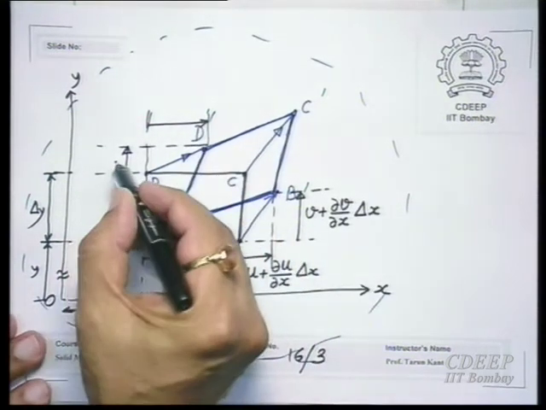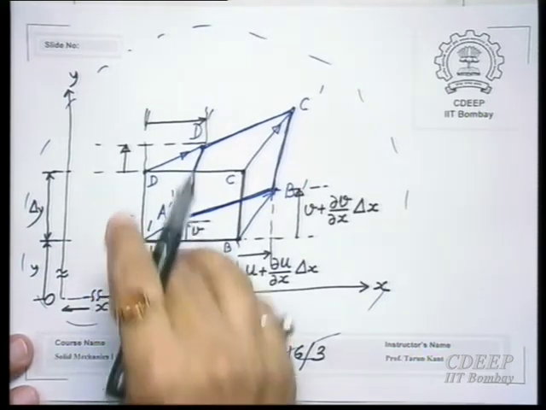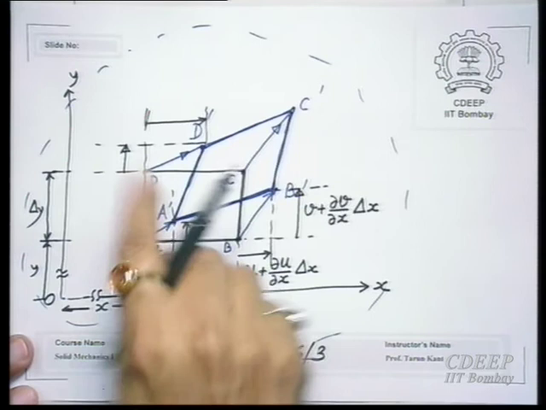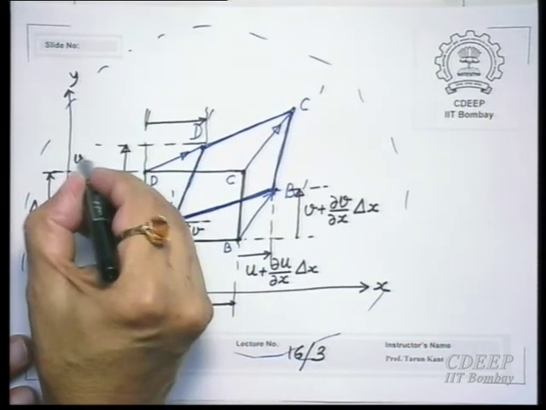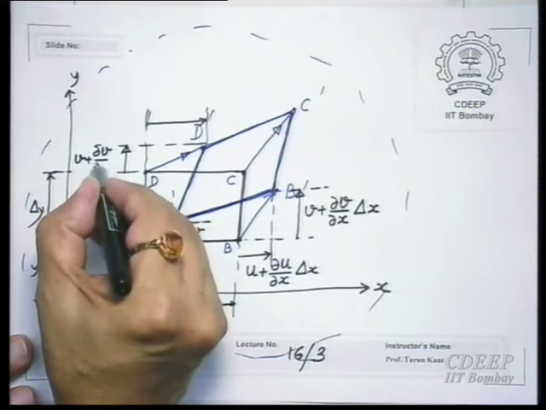This is in the y direction. It is v. This point has undergone a displacement of v, so it will be v plus the rate of change of v with respect to y times dy.